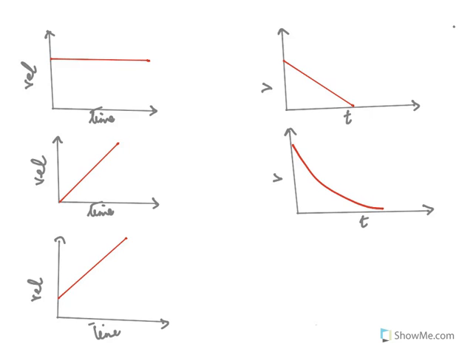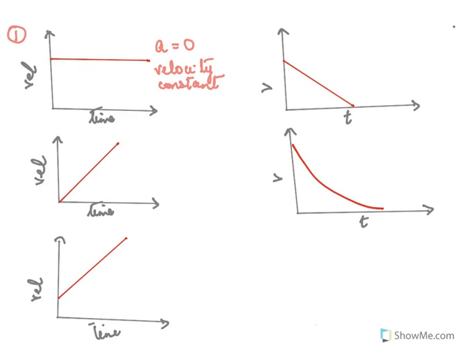Now we'll take up again some velocity time graph. In the first case, we see it's a straight line parallel to the time axis, which means the velocity is remaining constant. So here the acceleration is 0 because there is no change in velocity. Acceleration 0, velocity constant. It is not a body at rest.